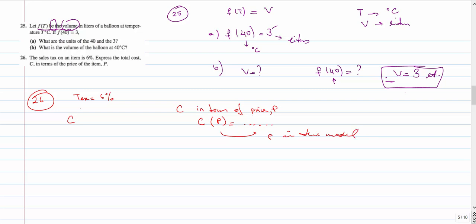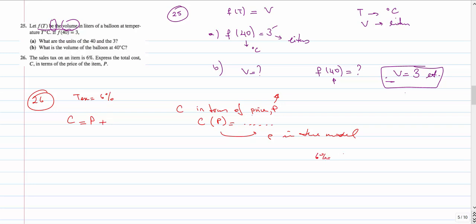So the sales tax, okay, express the total cost. Total cost will be the price of the item plus 6%.